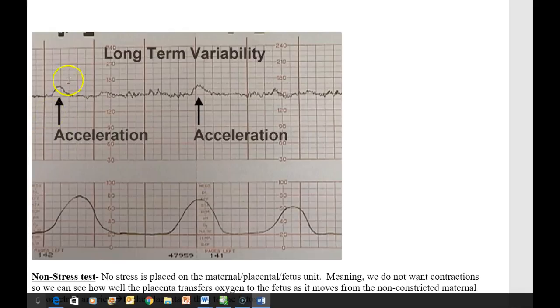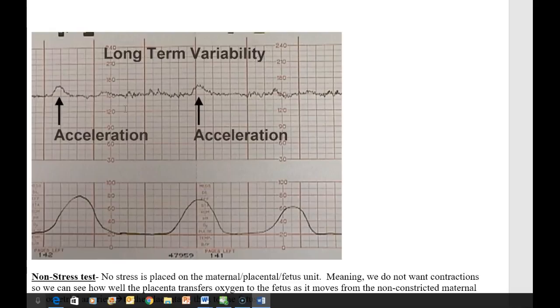Okay, so accelerations are always a good thing. It means that when the baby moves, he or she can get enough oxygen through the placenta to supply his or her muscles and heart with oxygen. So when the baby moves, there will be these accelerations. Babies who cannot get oxygen through the placenta will not move.